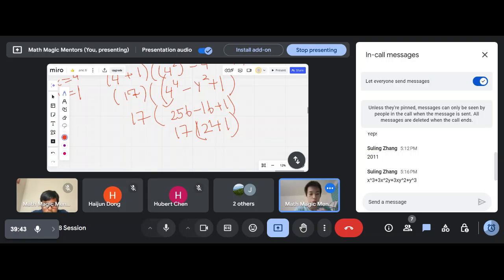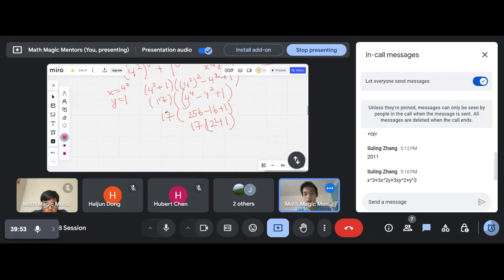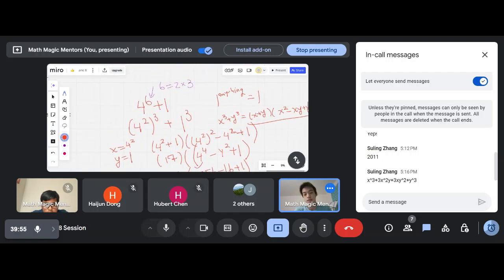We can obviously check with other number theory tactics, which we'll be covering in our later sessions throughout the month of December. So that's a really nice application of sum of cubes, right? Just noticing that the exponent 6 is divisible by 3, which we can write 4 to the 6th as a cube.